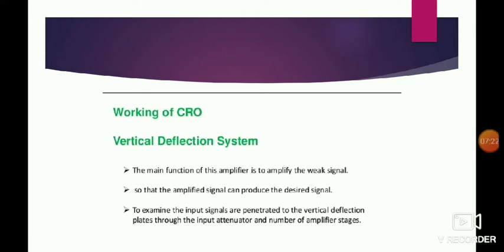The main function of this amplifier is to amplify the weak signal so that the amplitude of the signal can produce the desired input. To examine the input signal, it is given to the vertical deflection plate through the input attenuator and a number of amplifier stages.